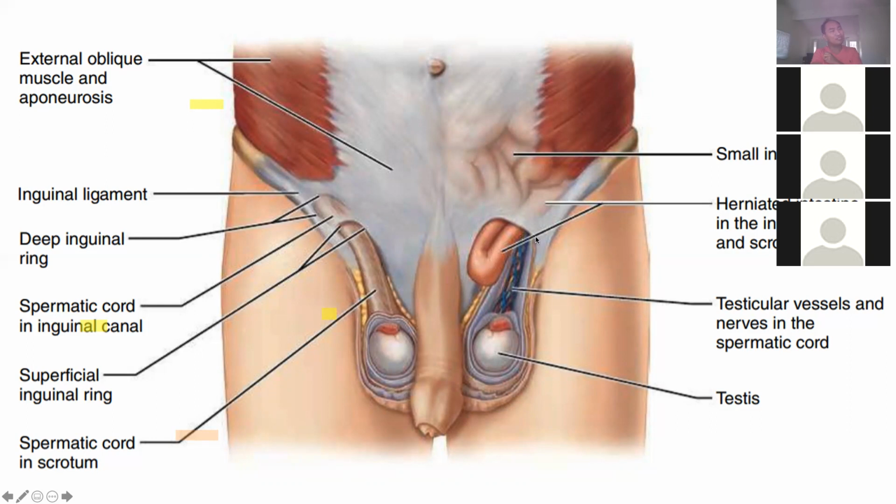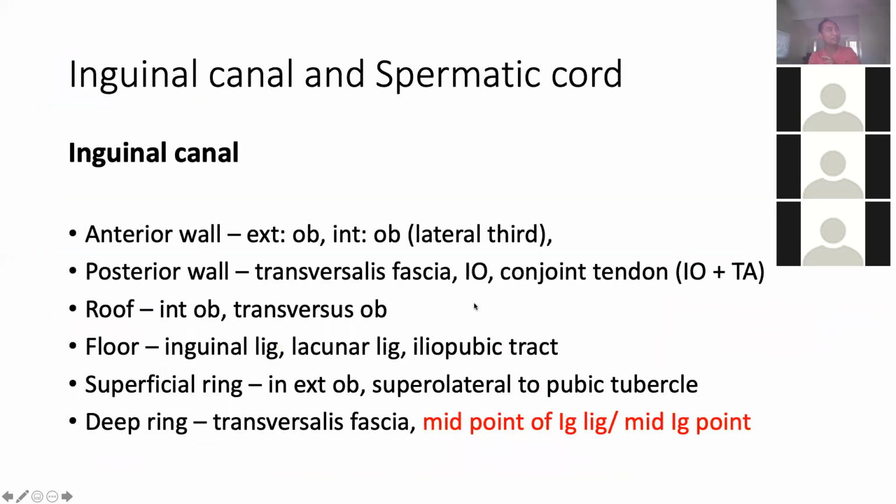This is the superficial ring, and that is the importance of the inguinal canal and hernia, which we will talk about. I have been talking for the whole morning about the inguinal canal and spermatic cord.